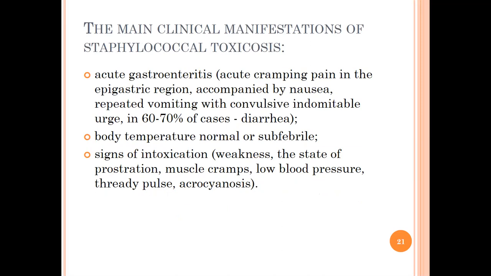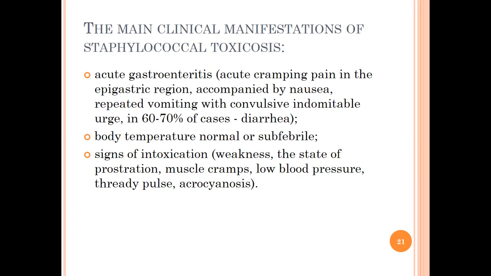What are the main clinical symptoms of staphylococcal intoxication? Severe acute gastroenteritis: severe cramping pain in the epigastric area, nausea, vomiting, and diarrhea. Usually body temperature is normal or subfebrile.